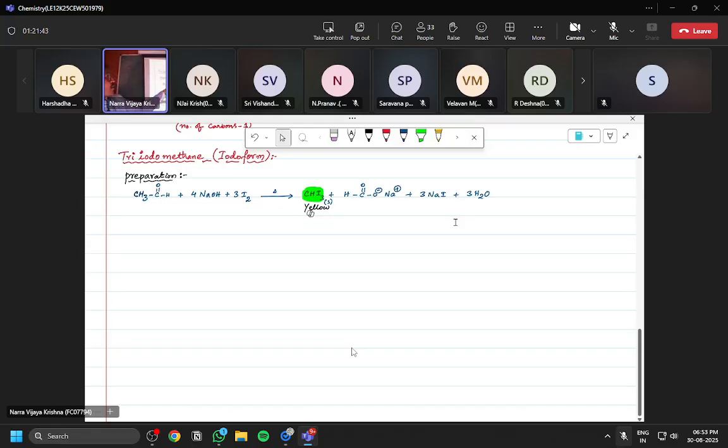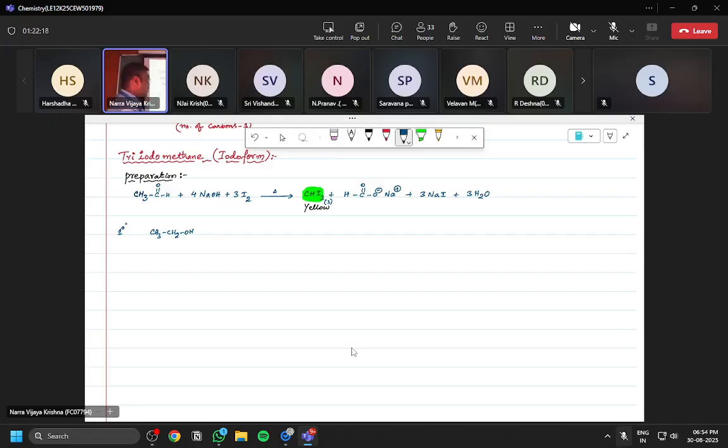Now, which are the other compounds that show a positive test? Among alcohols, among primary alcohols, only one primary alcohol shows a positive test. That is ethyl alcohol, CH3CH2OH. Among primary alcohols, only ethyl alcohol shows a positive test. Reason: iodine in presence of base acts as a mild oxidizing agent, which oxidizes alcohols to aldehydes.